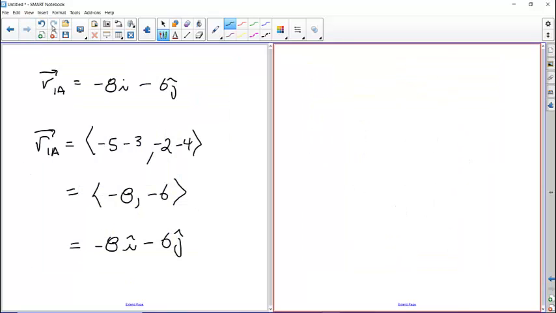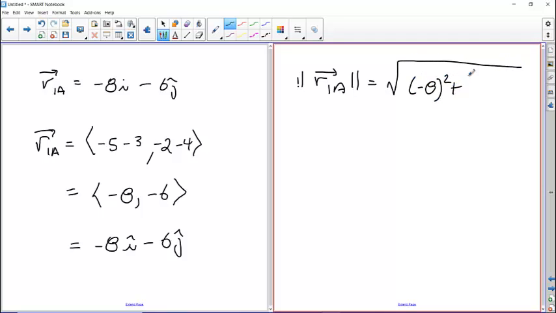Okay, so now we need the magnitude of vector 1A. So there you just take the square root of negative 8 squared plus negative 6 squared, which is going to be, actually I think it's going to be 10. Just happened to turn out to be that 3, 4, 5 triangle. So yeah, you'll get 64 plus 36, which is 100.